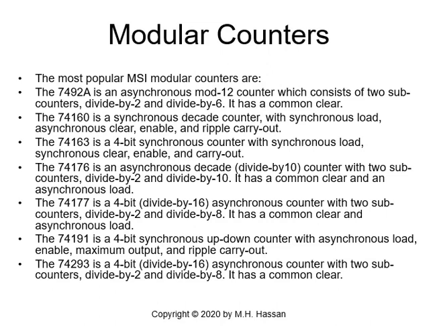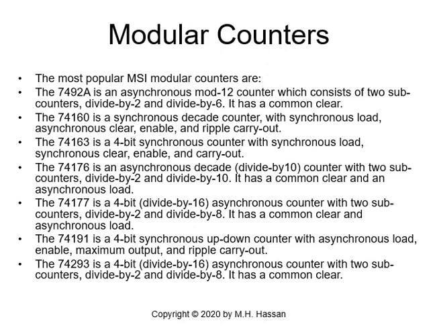The 74160 is a synchronous decade counter with synchronous load, asynchronous clear, enable, and ripple carryout. The 74163 is a 4-bit synchronous counter with synchronous load, synchronous clear, enable, and carryout.